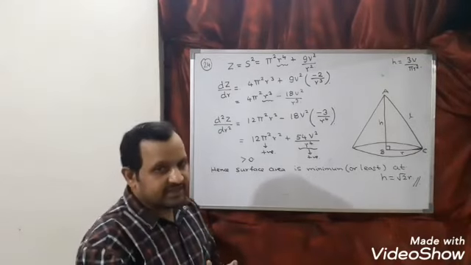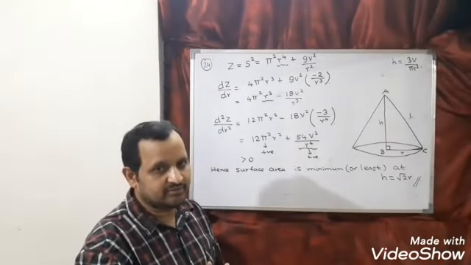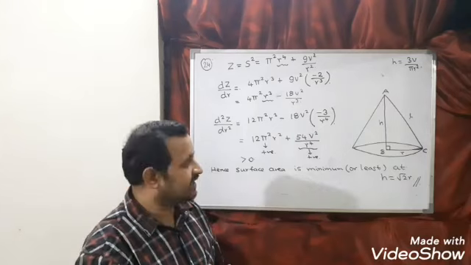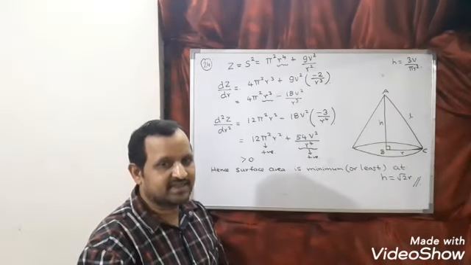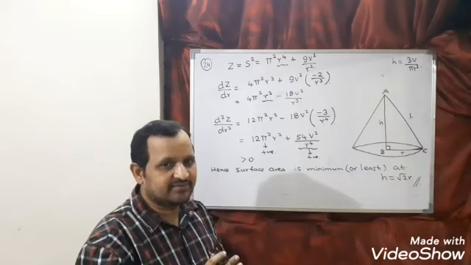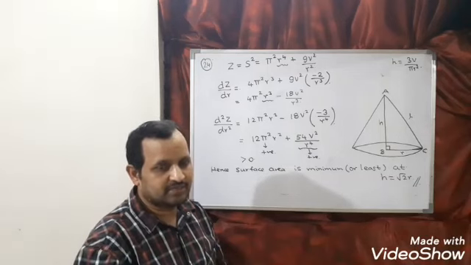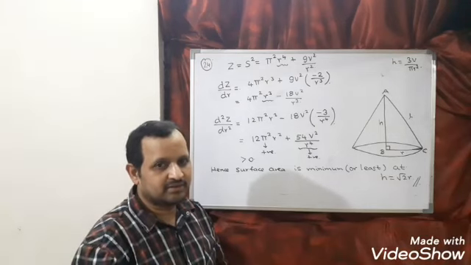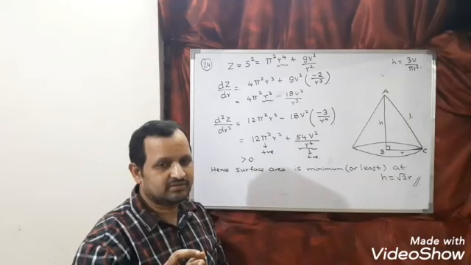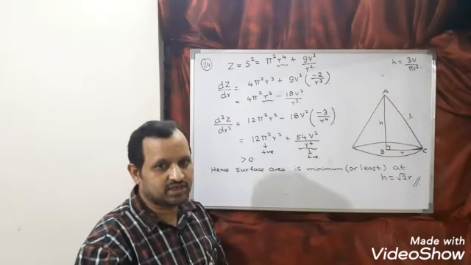So in today's class we have seen how to solve geometrical problems. Method is the same. What is the first step? First you find area or volume according to the question. Second step is differentiate either area or volume, whatever is given in the question.